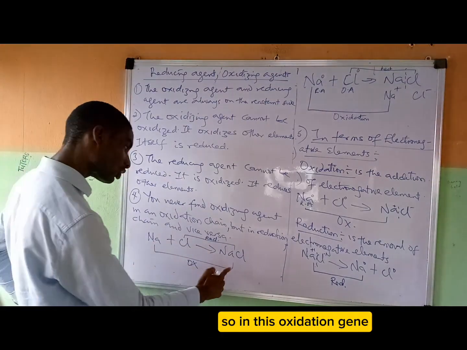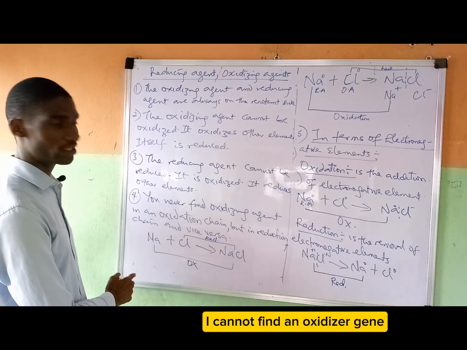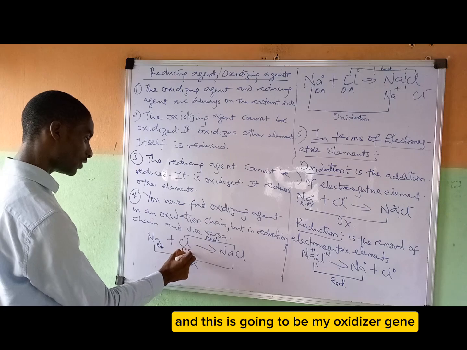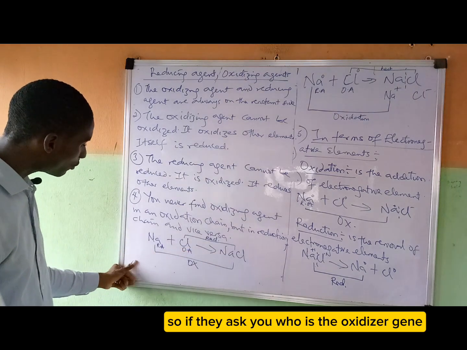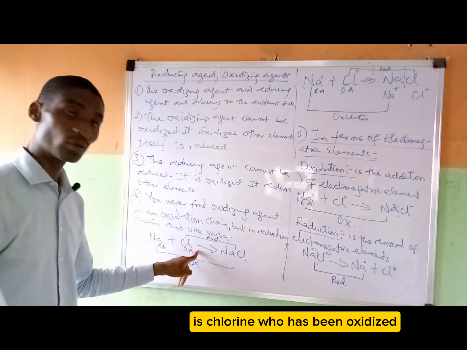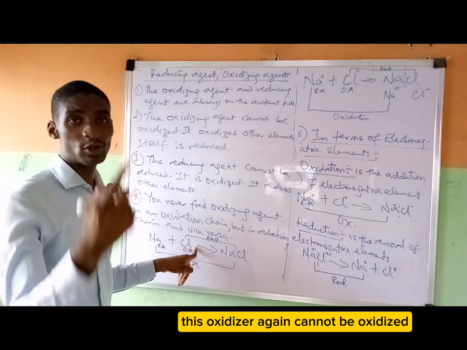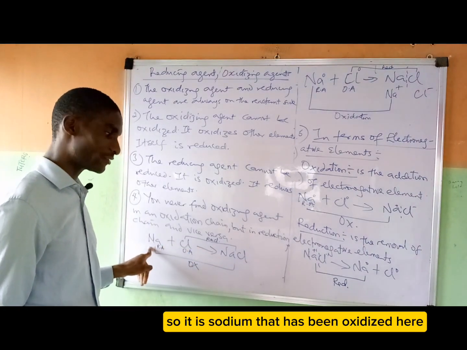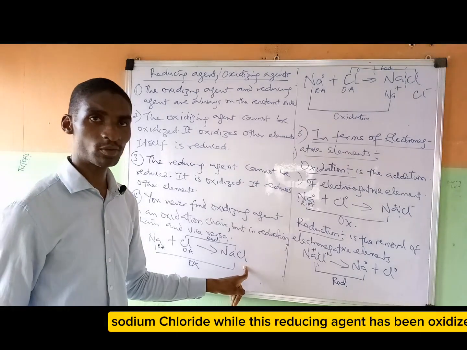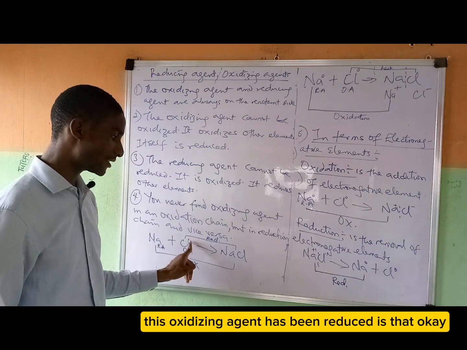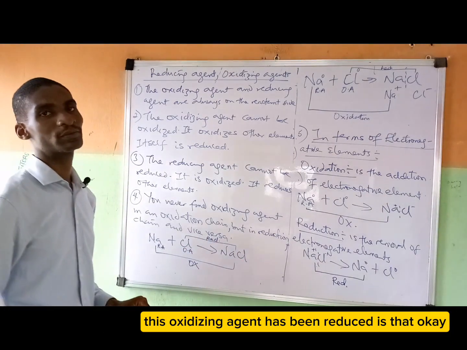So in this oxidation chain, I cannot find an oxidizing agent. So this is going to be my reducing agent, and this is going to be my oxidizing agent. So if they ask you who is the oxidizing agent, it's chlorine. Who has been oxidized? This oxidizing agent cannot be oxidized. So it is sodium that has been oxidized here to sodium chloride. While this reducing agent has been oxidized, this oxidizing agent has been reduced. Is that okay?